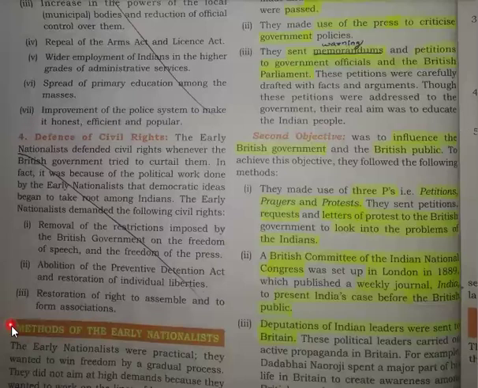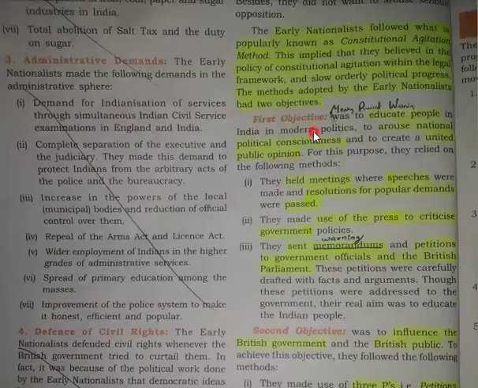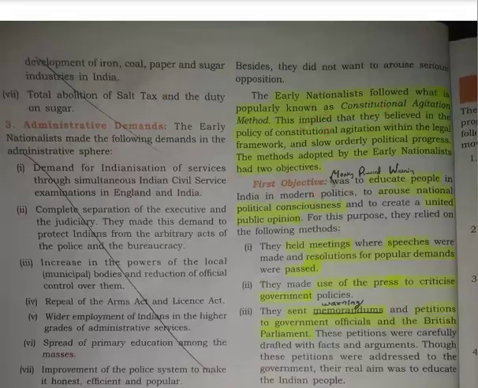Then we have to know about the methods of the early nationalists. Before the first objective, we have to read this paragraph. Early nationalists followed what is popularly known as constitutional agitation. This implied that they believed in the policy of constitutional agitation within the legal framework and slow, orderly political progress.